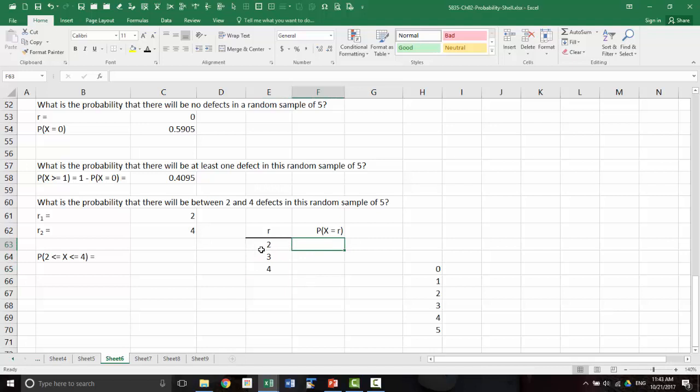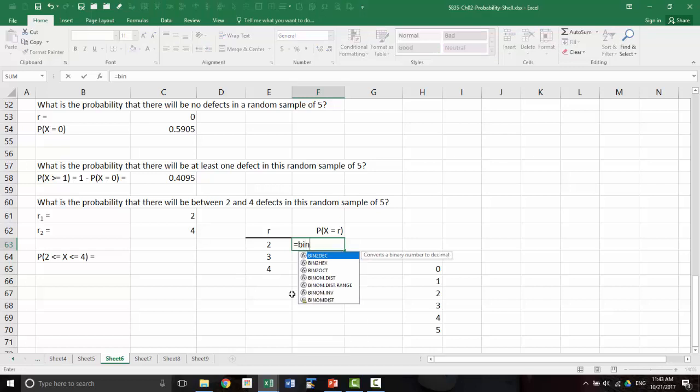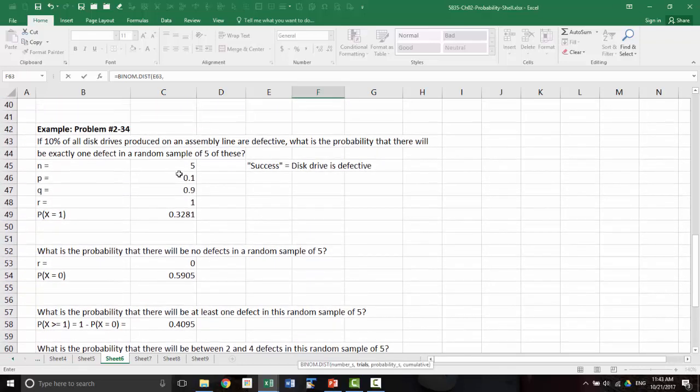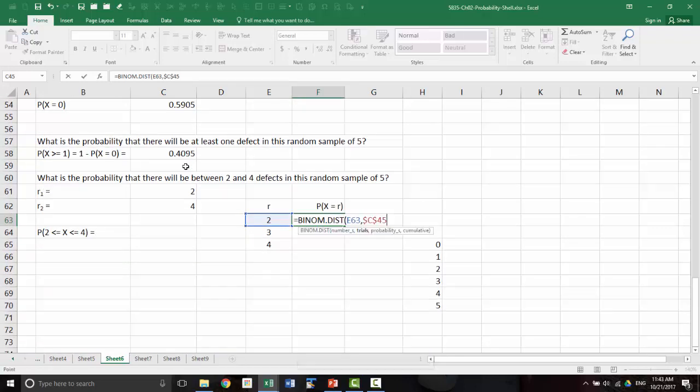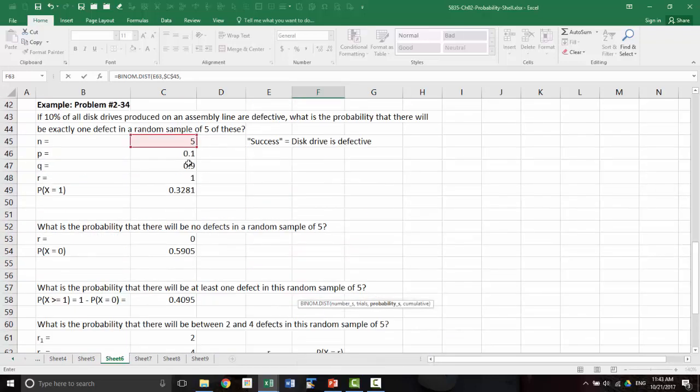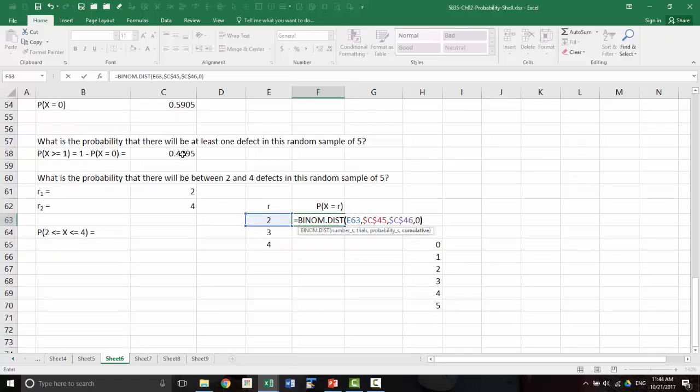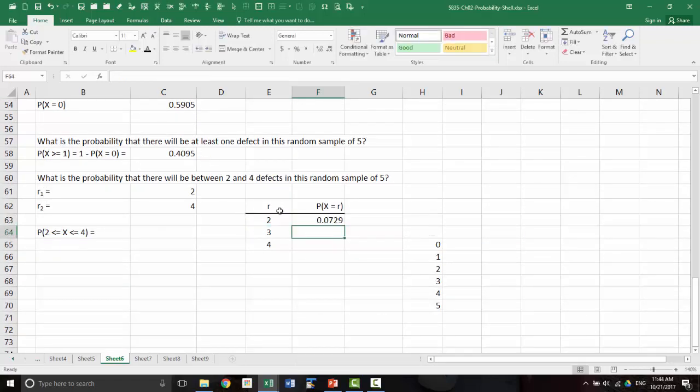First we'll compute the individual probabilities and add them up. Here I have to set up the formula again: binomial distribution, number of successes, comma, n absolute referenced, p absolute referenced, and then 0 for individual probability.